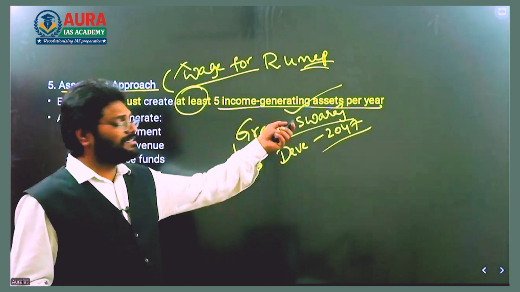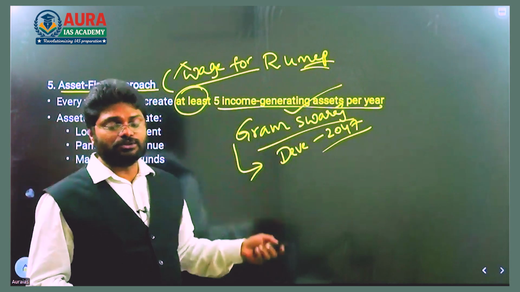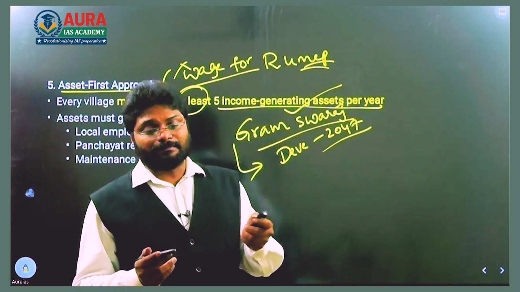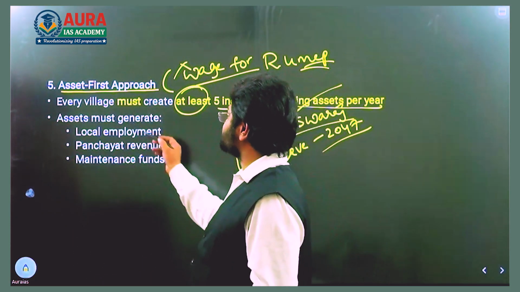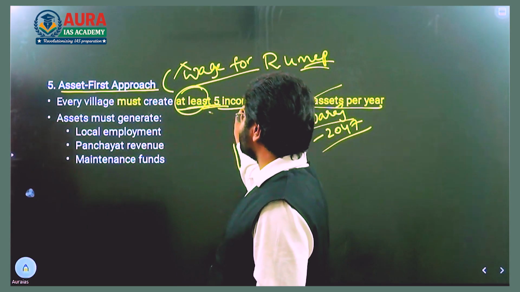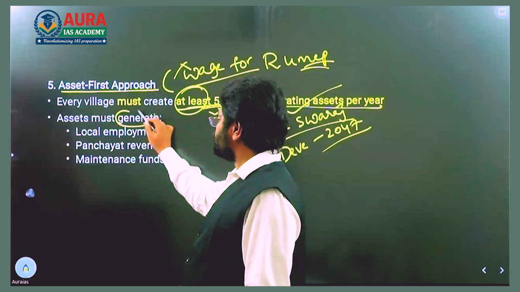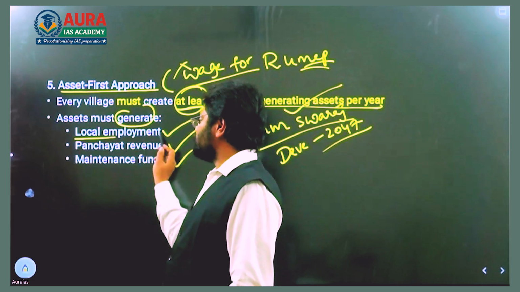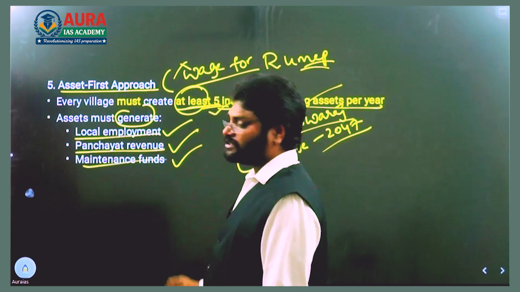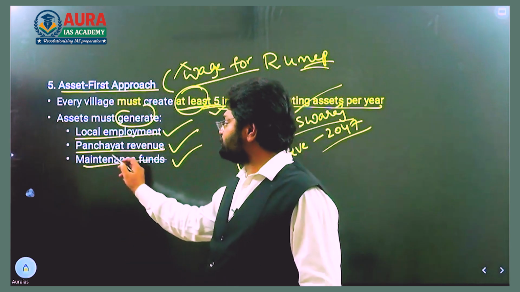So if every year 5 income-generating assets are created under this new act, the per capita income in rural areas obviously increases. The 5 minimum assets to be created every year generate local employment, panchayati revenue, and maintenance funds for whatever public goods or public buildings, cold storages, drainages, everything to be maintained.